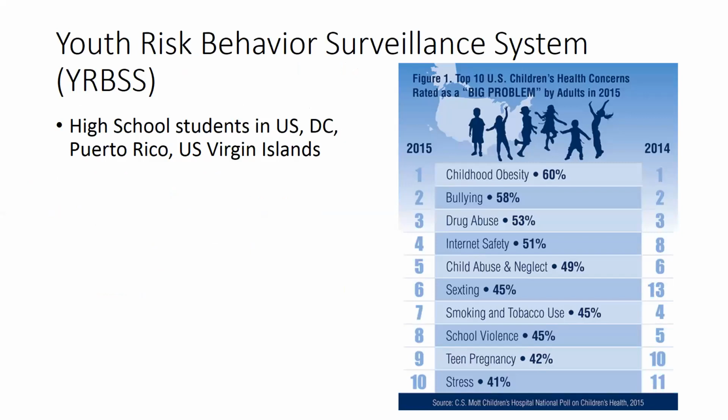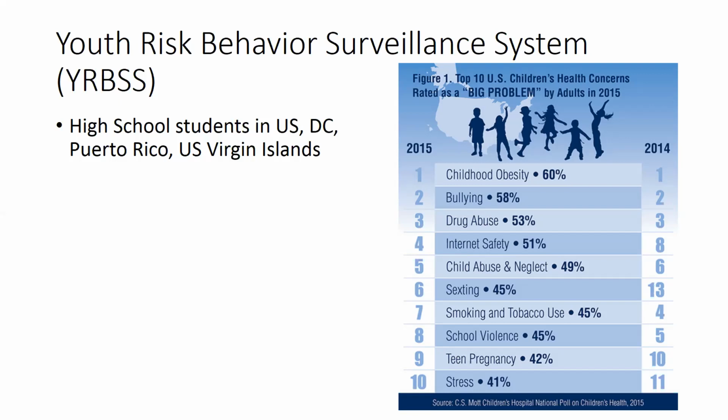We also do something very similar for our youth. Right now, I think everybody's talking about vaping, so I'm sure that's been added to the YRBSS. This is, again, a little bit outdated, but you can see how they identify what the public health issues are in our younger population.